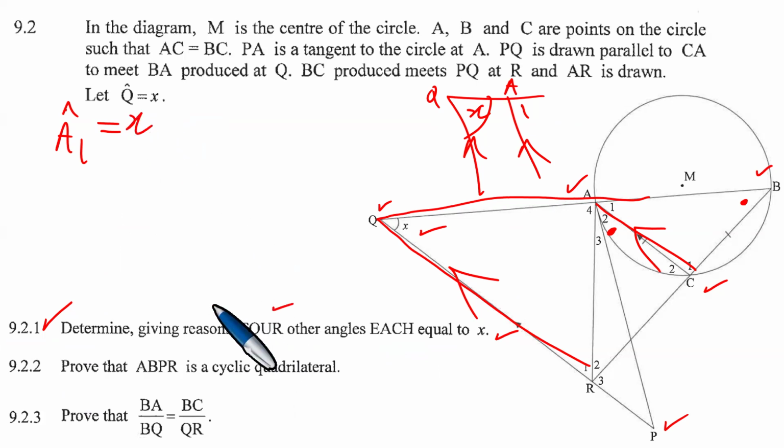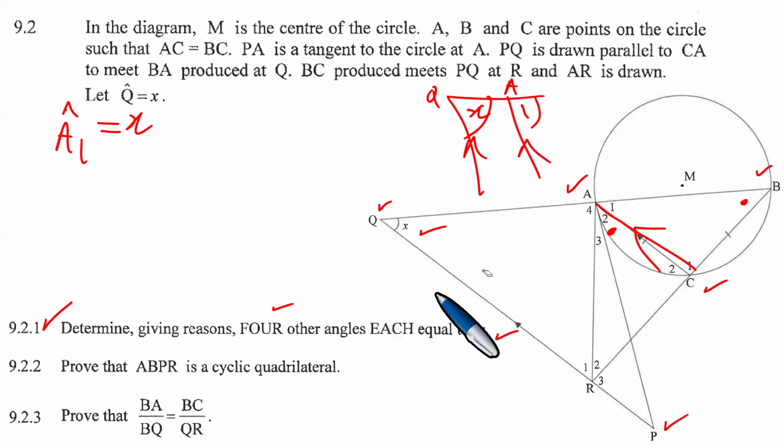Why is angle A1 equal to X? Because these angles in an F shape are called corresponding angles. You have this and this is parallel to this, so you have corresponding angles.